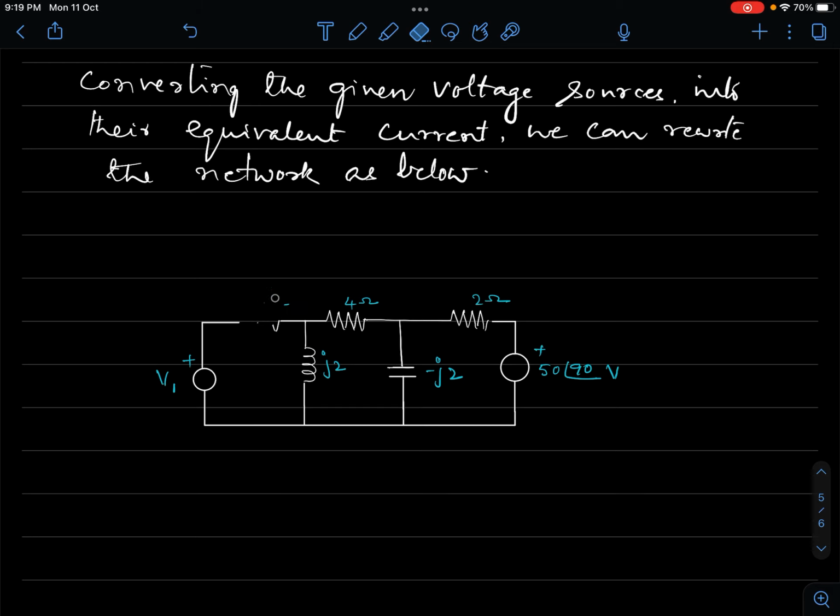And I'll remove the 6 ohm, so now this will become my current source, and here also I'll remove this 2 ohm resistance which will come across the source. This also I will have to replace by a current source. I'll connect it back this way.